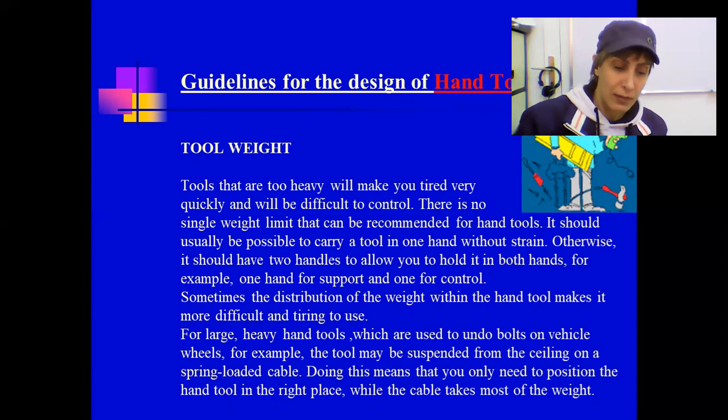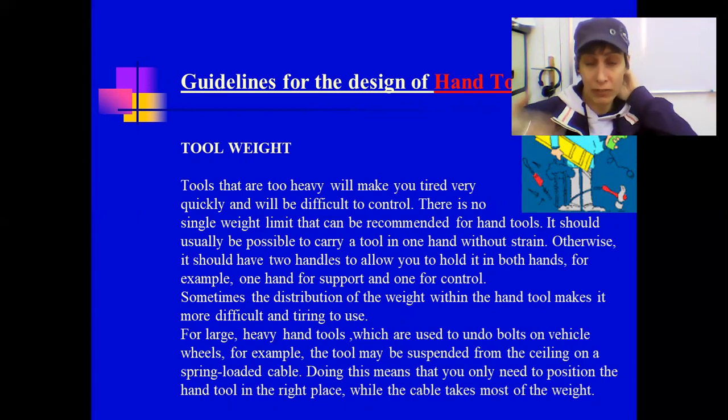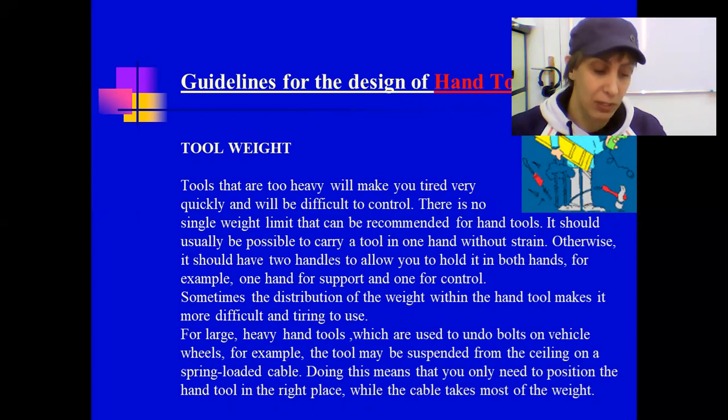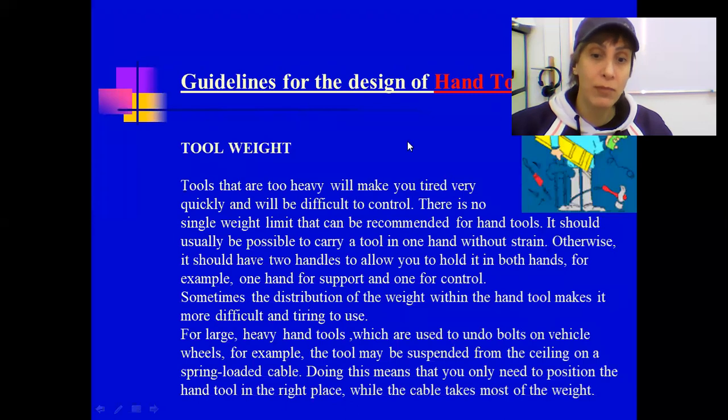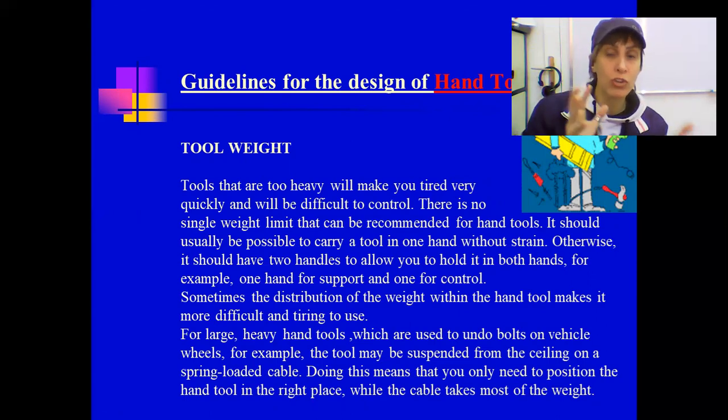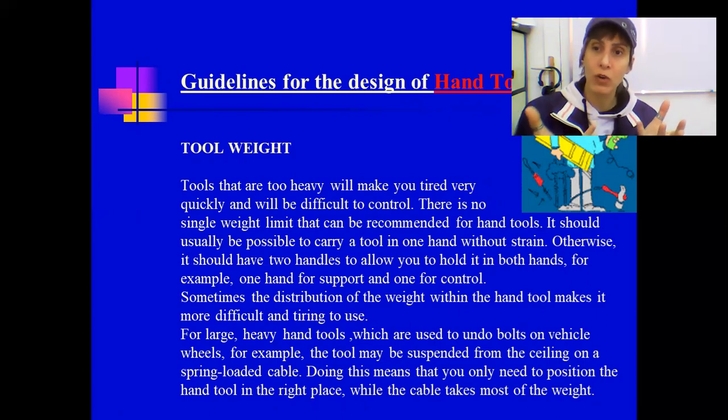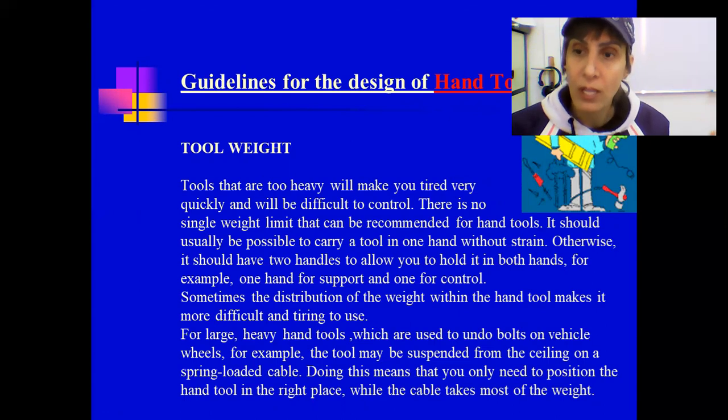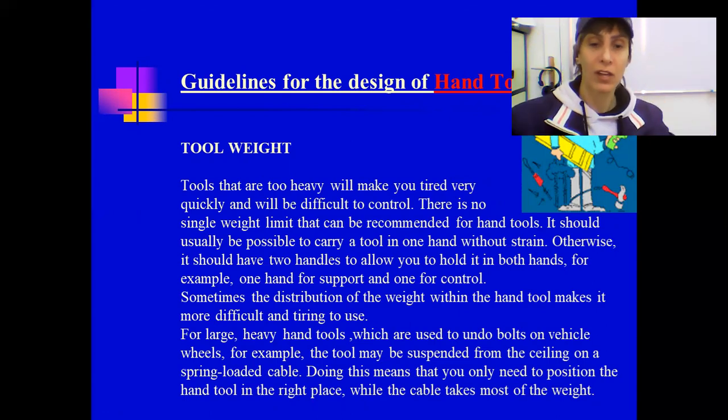The material choice, we will talk about this later, how to decide the material choice for whatever you're designing. But sometimes you are stuck with certain materials and this creates weight. So you need to find other design solutions to make it comfortable for human use, despite the weight.